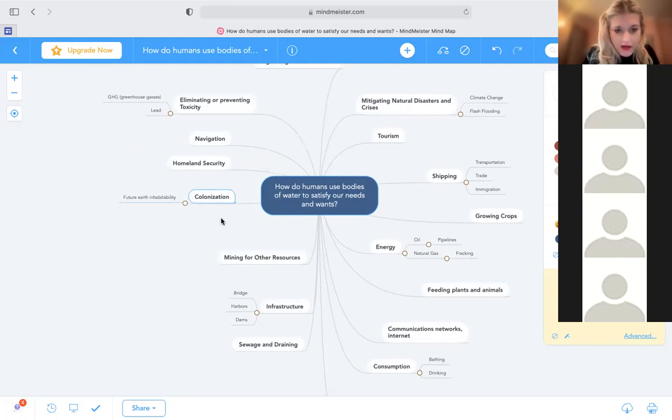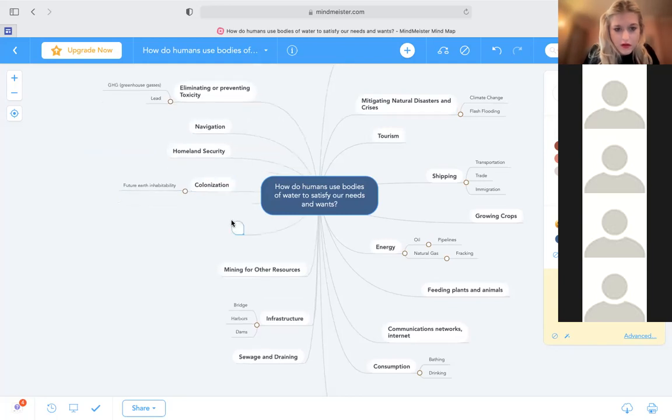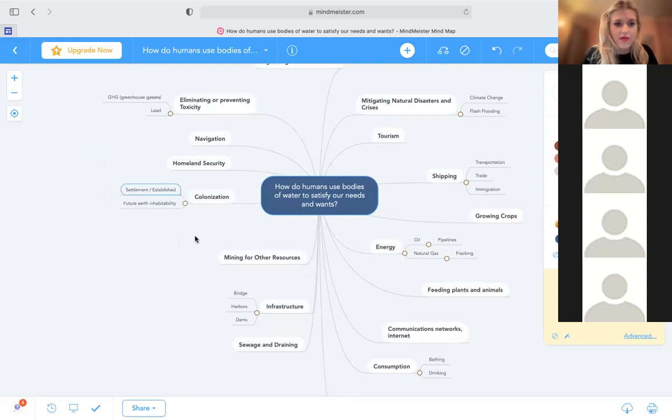Settlers colonized this nation and established the United States, and without water resources, it would never have been possible. We wouldn't have the United States federal government to speak of if it weren't for water resources and the ability to navigate them. So, settlement to establish colonies or territories.